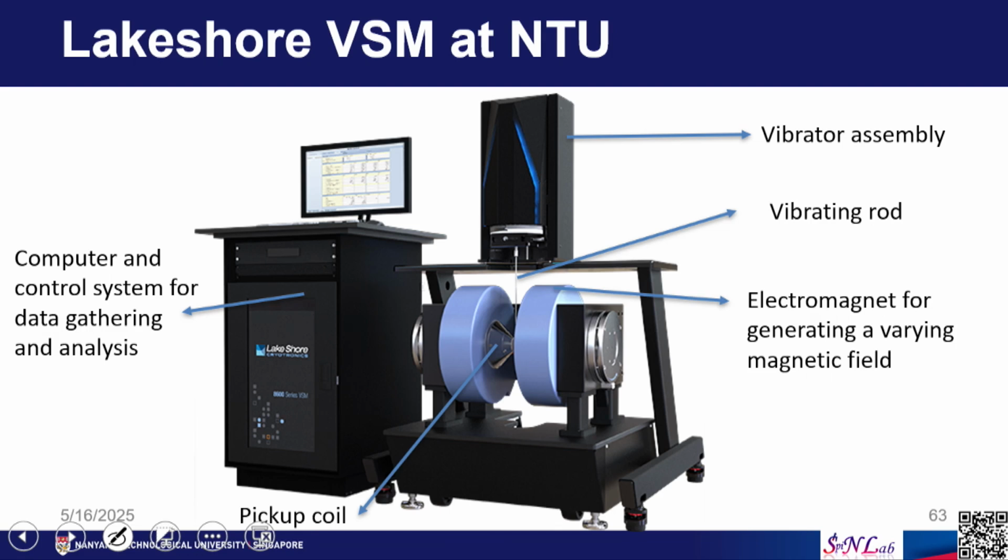And we place the sample on this vibrating rod. Okay. There is a rod, you can see the sample is somewhere here, and we vibrate this rod using a vibrating assembly. So, this can be a speaker or it can be some electromechanical transducer to vibrate the sample.